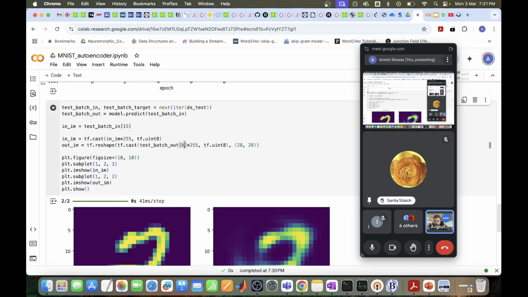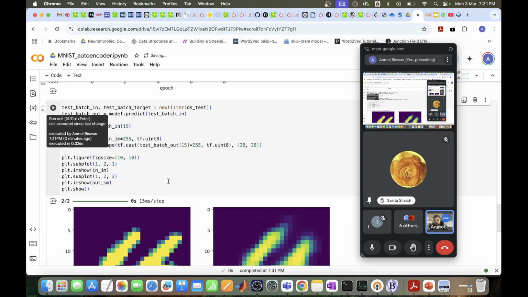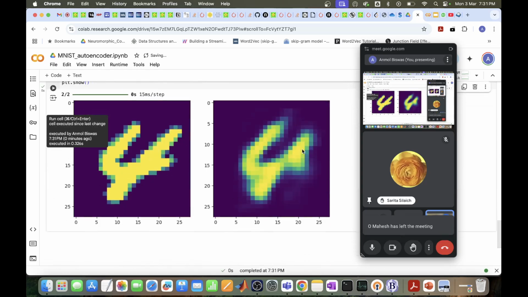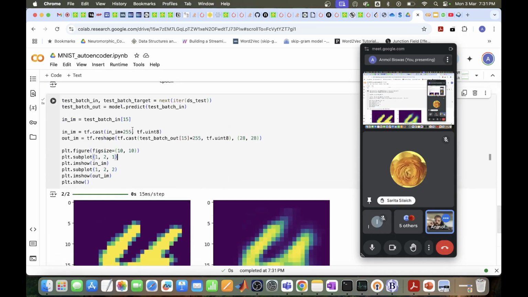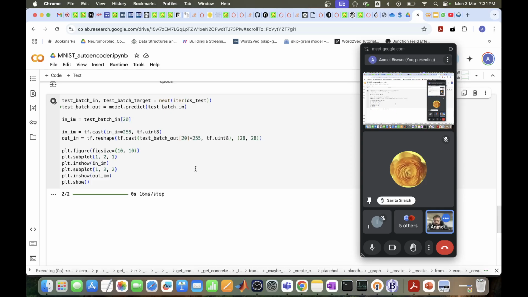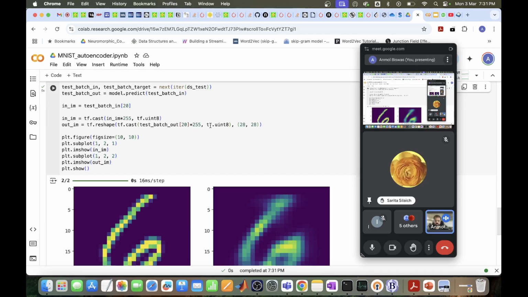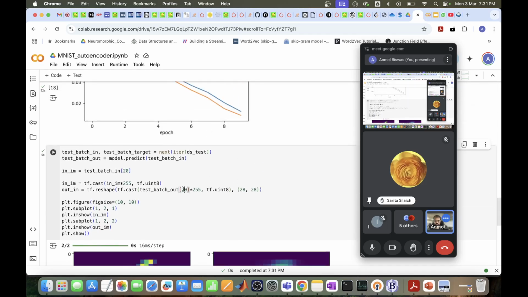Let's pick the 16th, 14th, 16th example. Yeah, so this is a 4. So this has captured the appearance of that 4, right? See another random sample. Yeah, so it is capturing very well, right? You can see that.